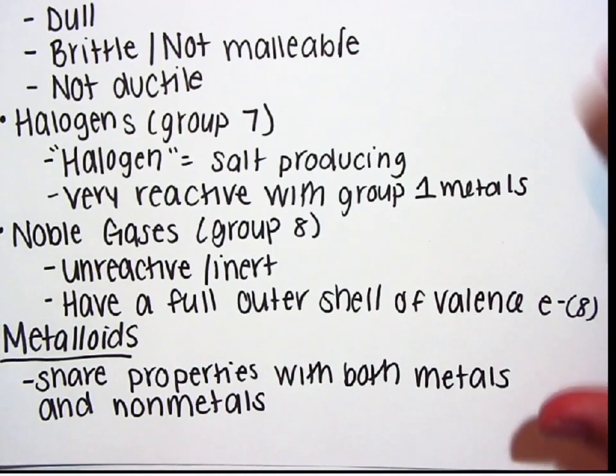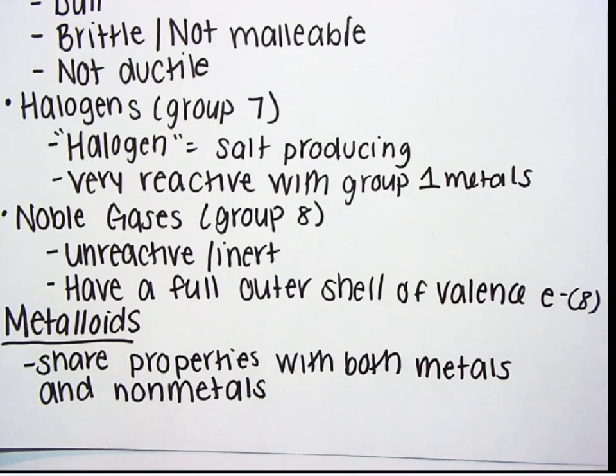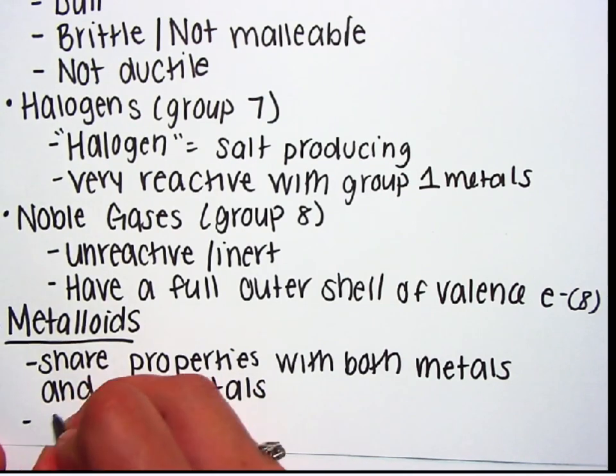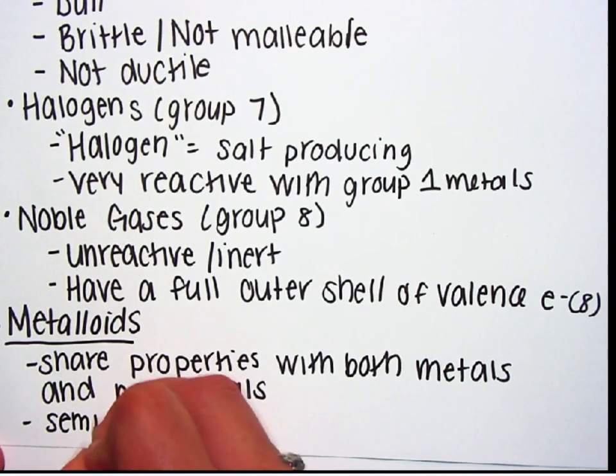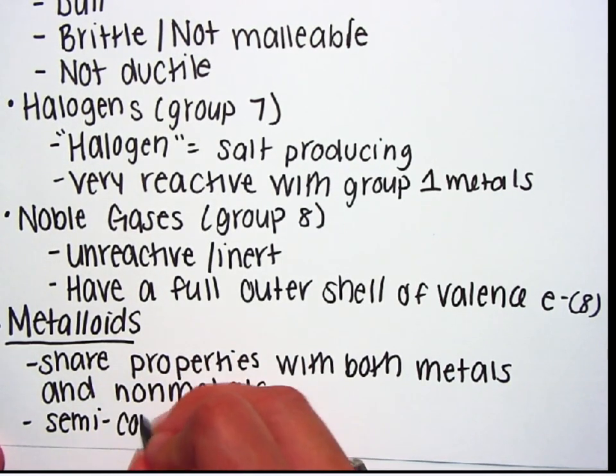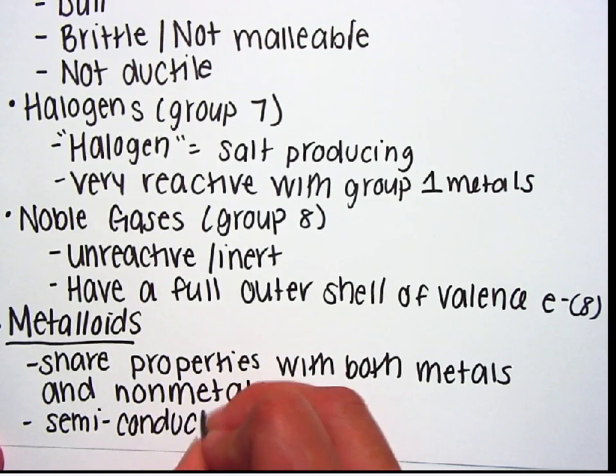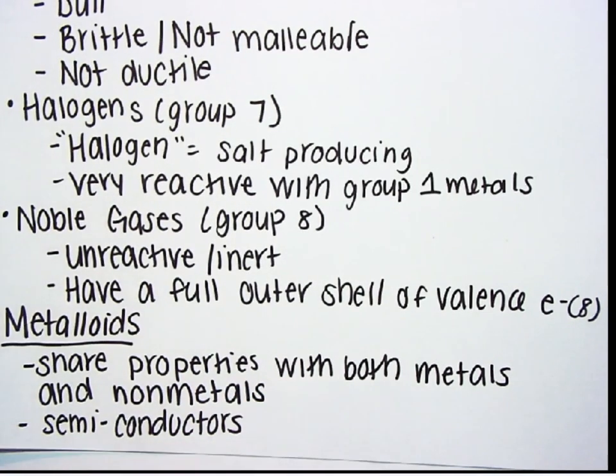So maybe you have an element that is conductive, like a metal, but it is dull, like a nonmetal. If it has properties of both, we would call that a metalloid. Metalloids are often called semiconductors. Again, because they're right in the middle of those metals and nonmetals, so they are going to have properties of both.